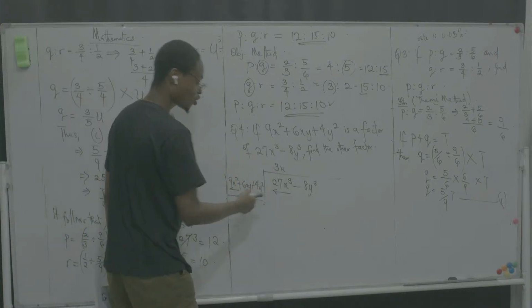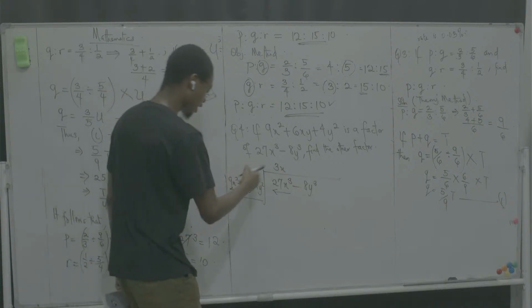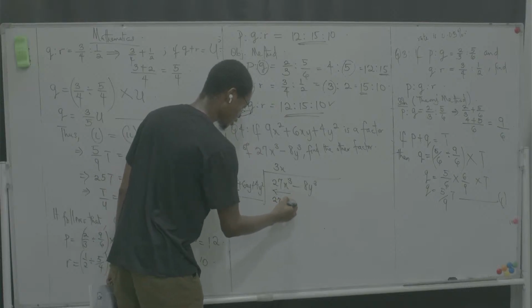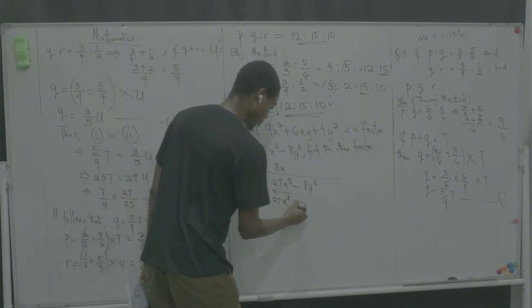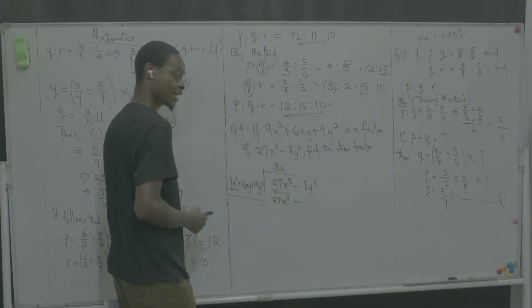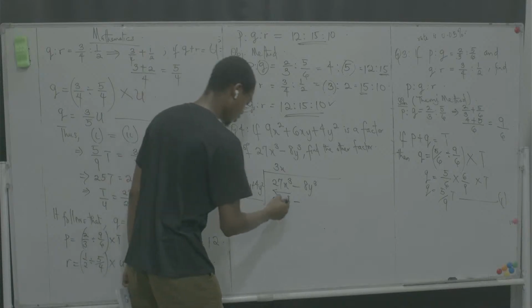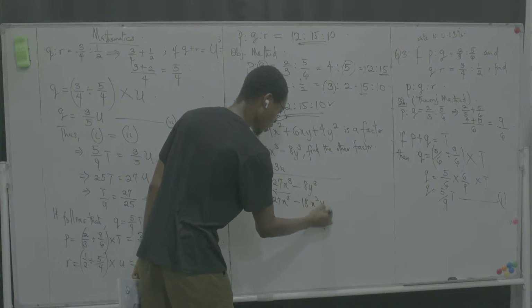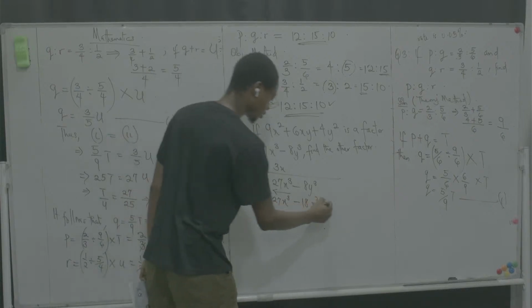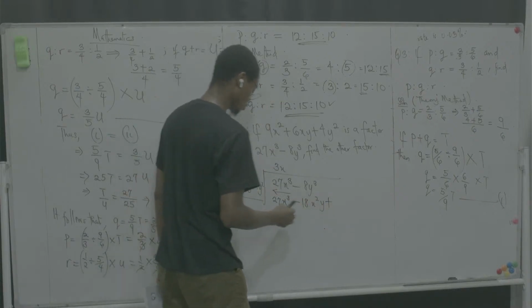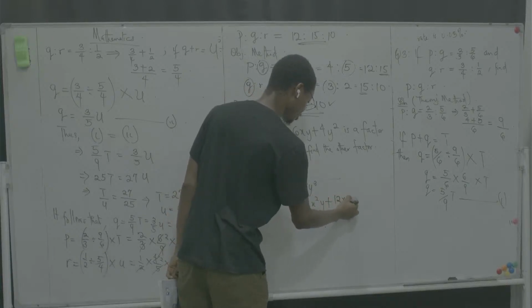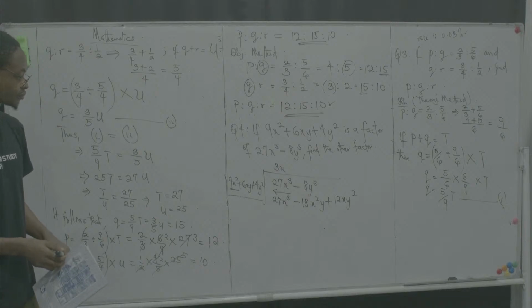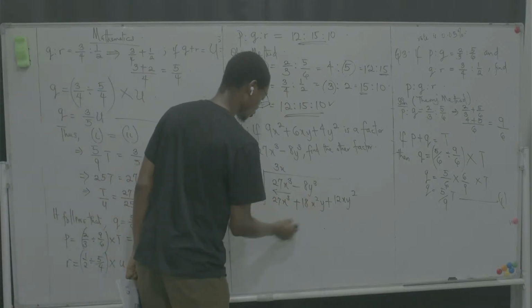Now, if you have 3x, what would you now do? Take this, multiply all of this. So 3x times 9x squared will give you 27x cubed, minus 3x times 6xy, Abi, will give you what? 18x squared y, Abi, plus 3x times 4y squared, that'll give you 12xy squared. Oh, plus.